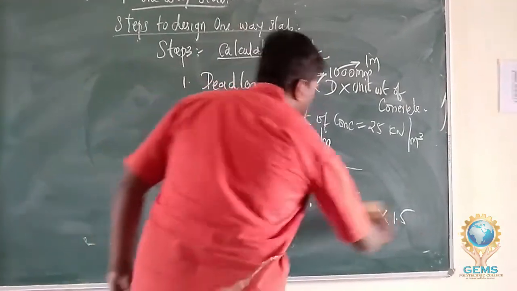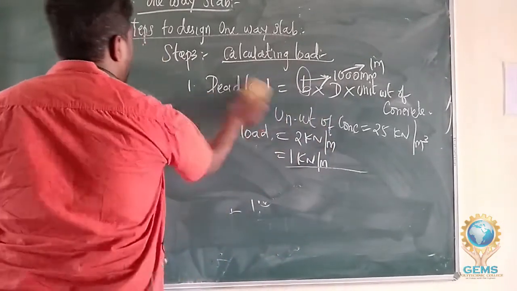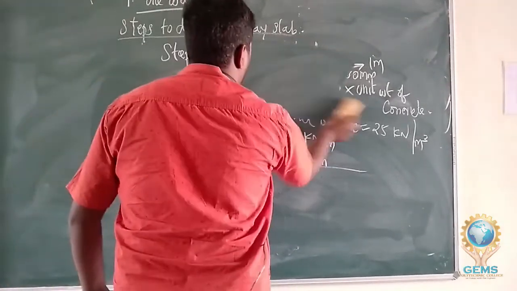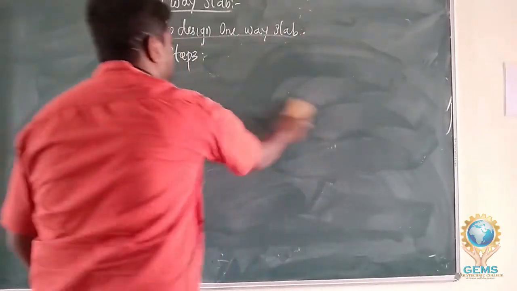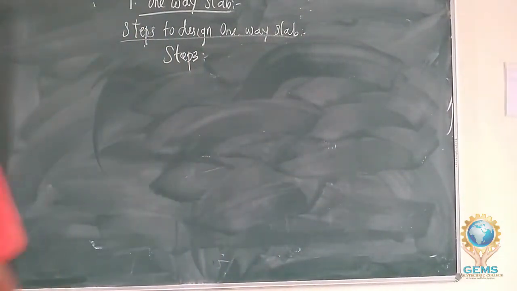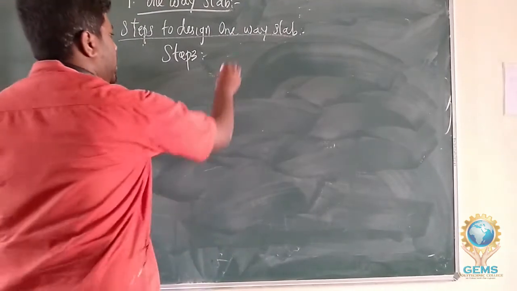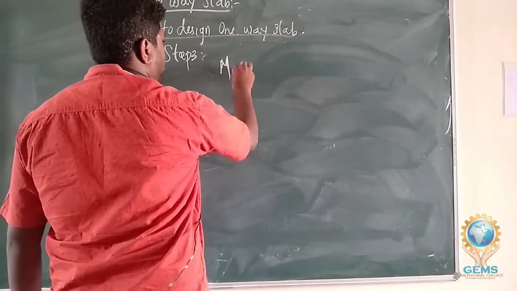After calculating the load, you must find the moment, that is, how much bending moment is acting on the beam. For a simply supported beam, what is the bending moment formula? Moment is taken as MU.